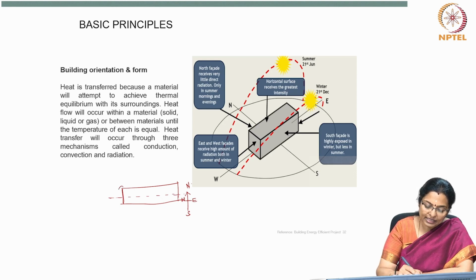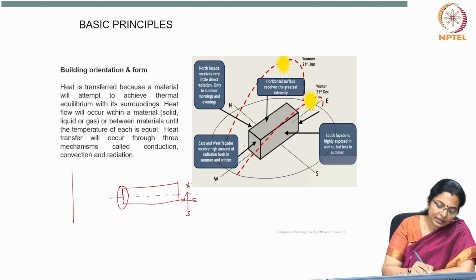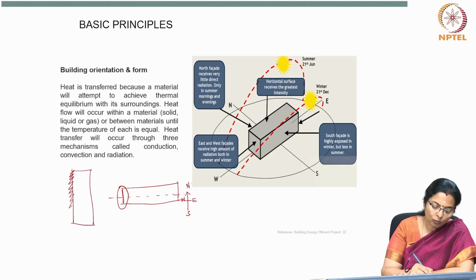So, along this direction, which is west, intense solar radiation hits the wall. If this building were oriented this way, then you can imagine how this entire wall would have high solar radiation from the afternoon sun.